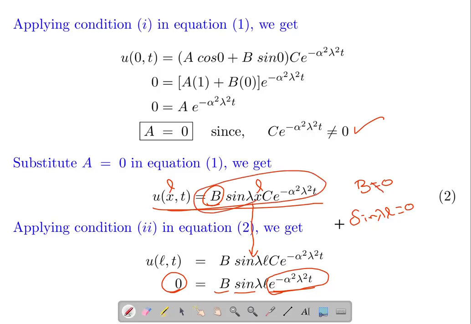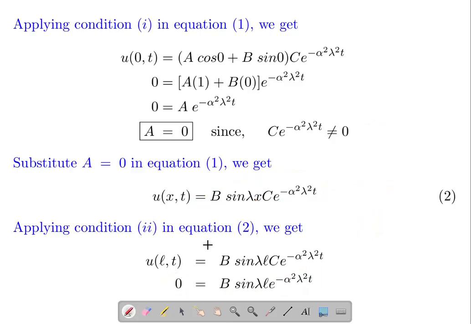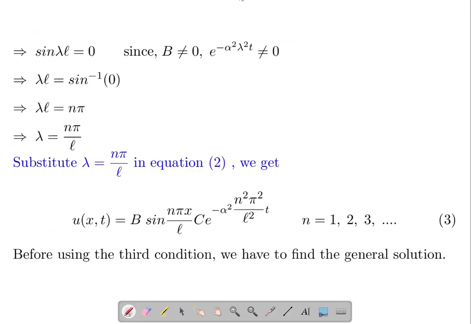Therefore, b is non-zero, and the only possibility is that sine lambda L is 0. So lambda L is equal to sine inverse of 0, which is nothing but n pi. Therefore, lambda is equal to n pi by L.